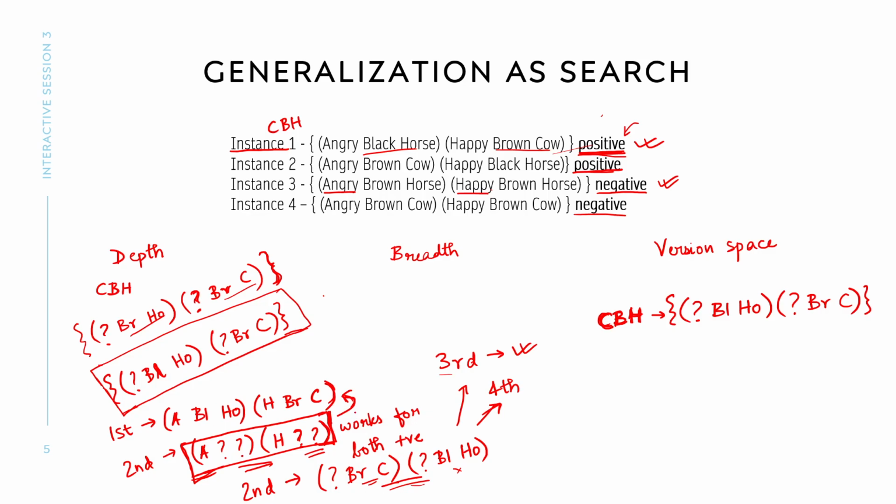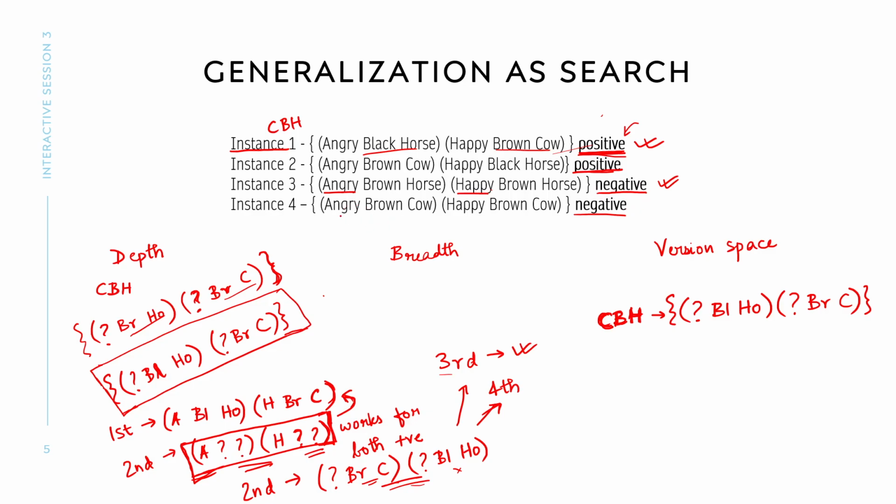So we have reached kind of a middle ground between 1 and 2. In this case, both the positive instances are being correctly classified, and the third negative example is also being correctly classified.